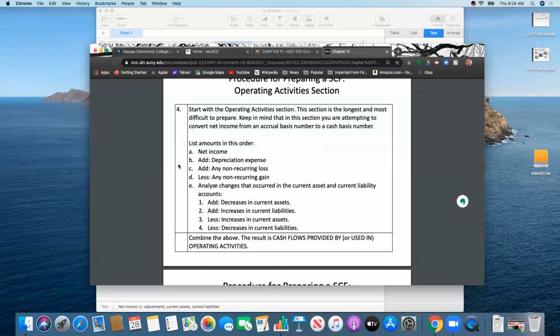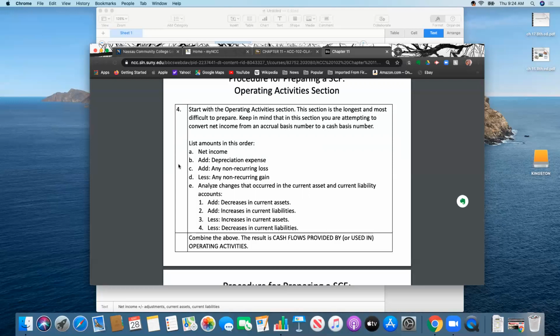If any current assets decreased, you add the amount of the decrease. If any current liabilities increased, you add those increases. If any current assets increased, you subtract the increase.